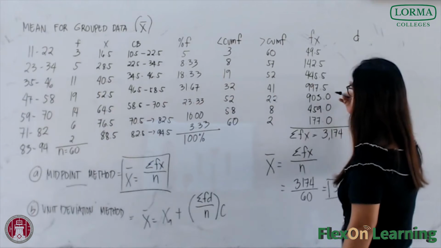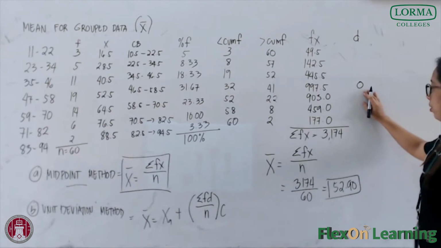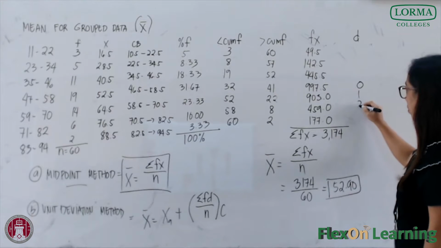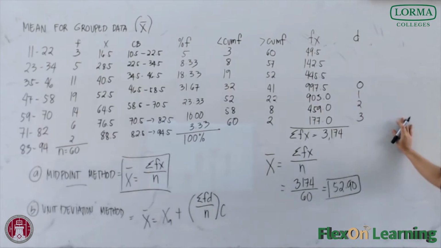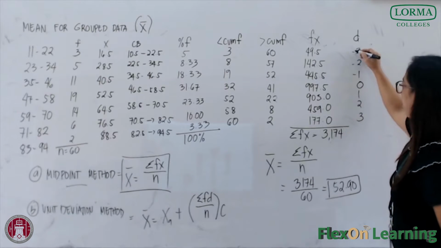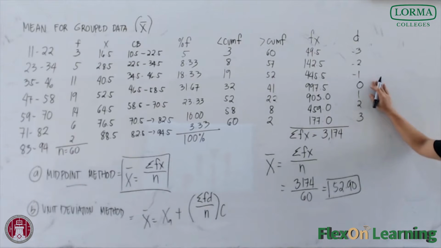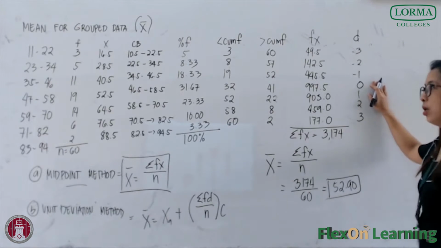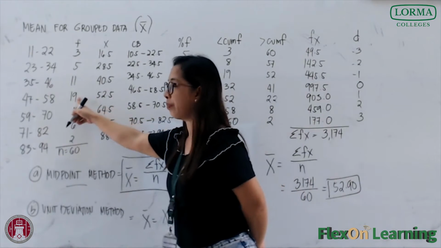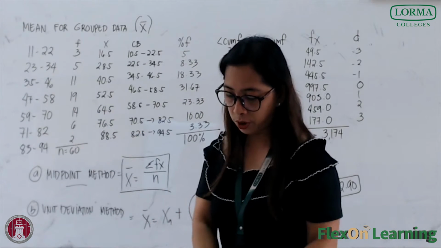So the class with 19 will have 0. Lower than that, we have 1, 2, 3. And higher than that, we have negative values. So again, how did we get 0 on our unit deviation? You have to identify the highest frequency in our distribution.